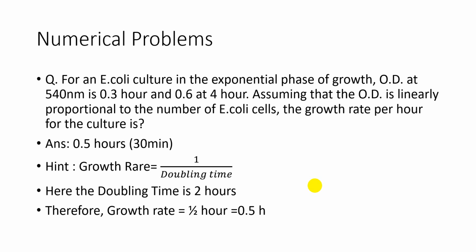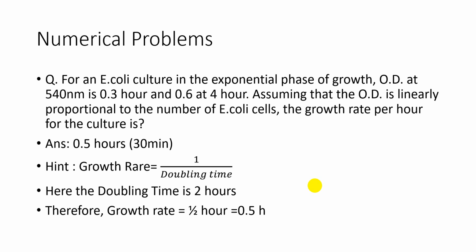For example, the first problem: for an E. coli culture in an exponential phase of growth, OD at 540 nanometer is 0.3 at 2 hours and 0.6 at 4 hours.